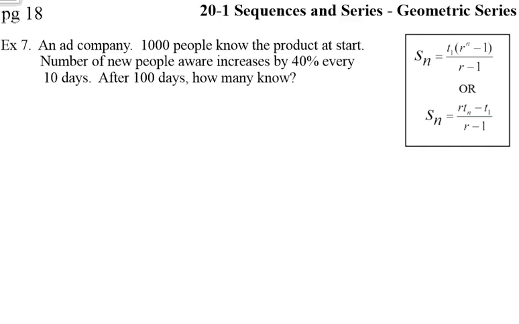So, last one, a word problem. Similar to what we did with geometric sequences, but a little different. Read the question, think about it. I like to try to set it up as a series just so I can see what's going on.